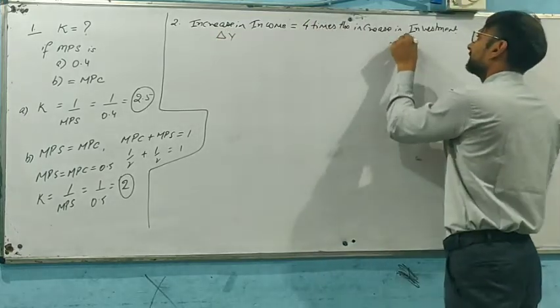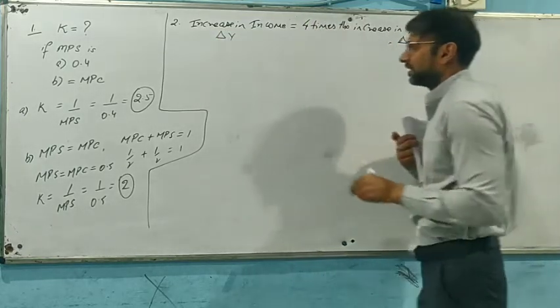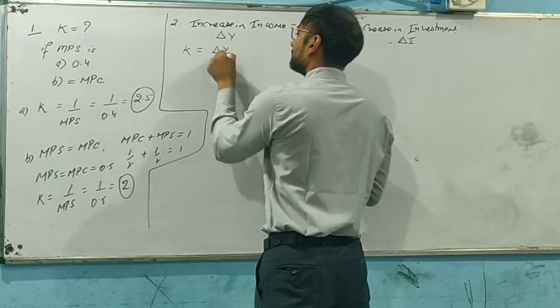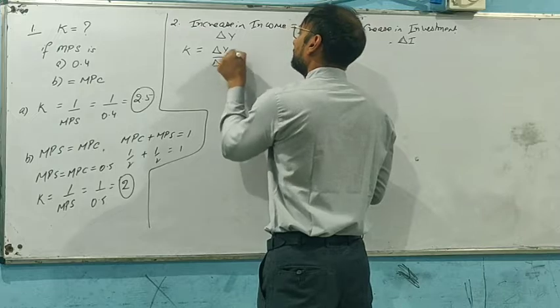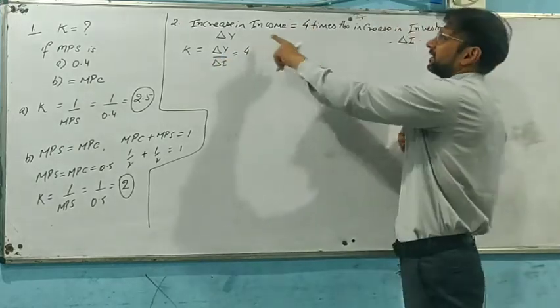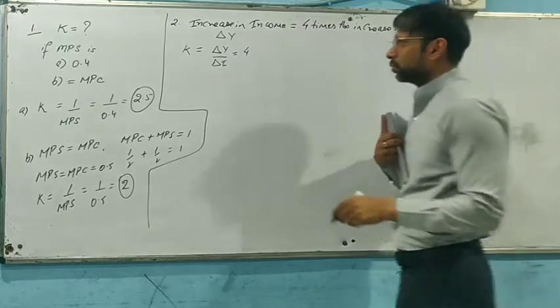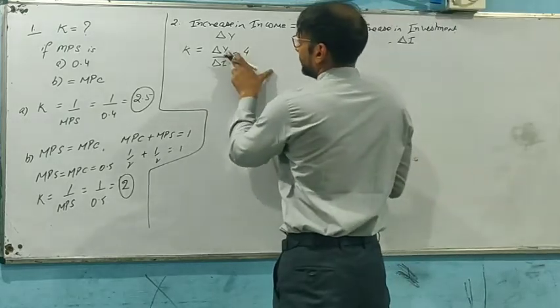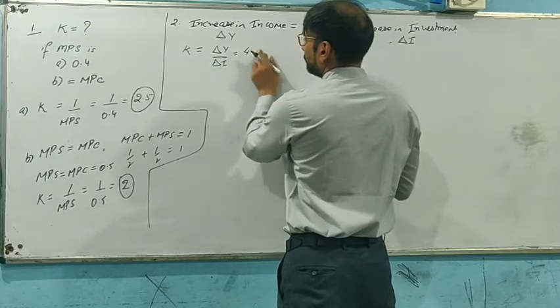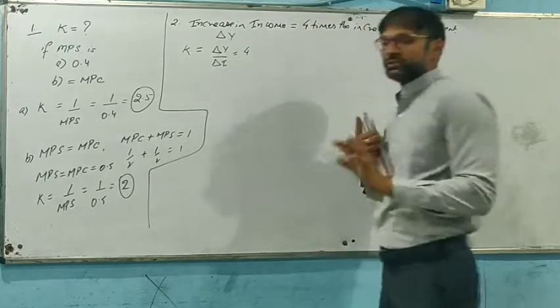If we say this is increase in investment, that is delta I, what K says, K equals to delta Y upon delta I, and that is 4. Right? Since increase in income is 4 times more, it means delta Y is 4 times delta I. See if you get this language.